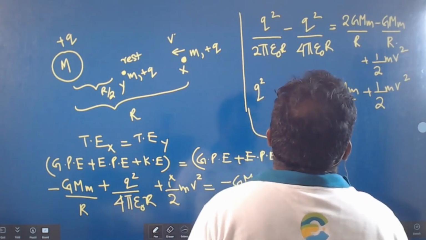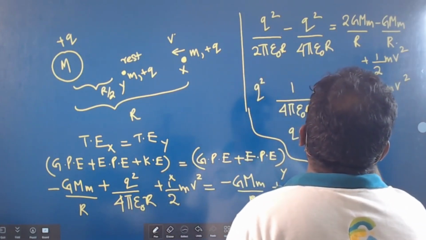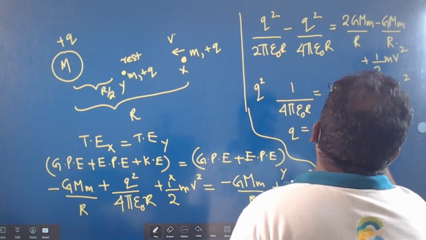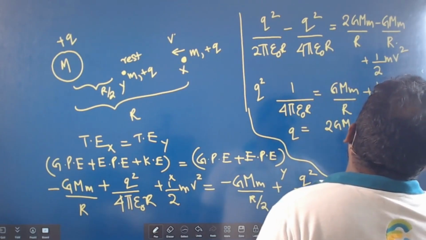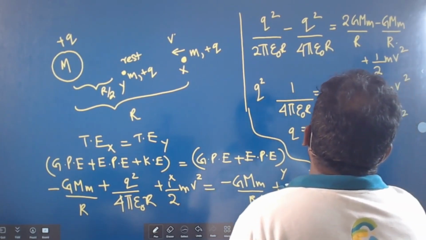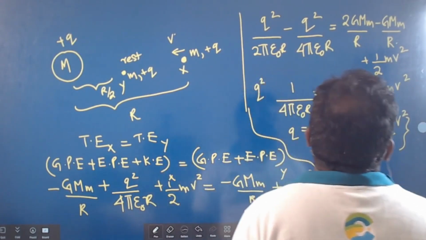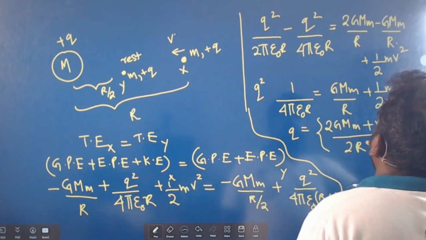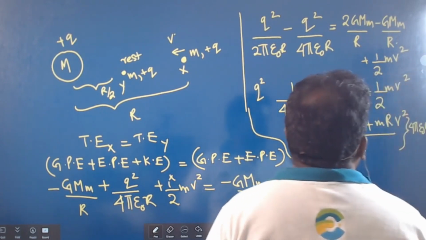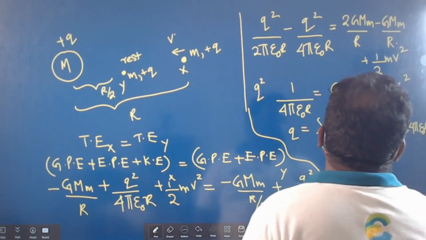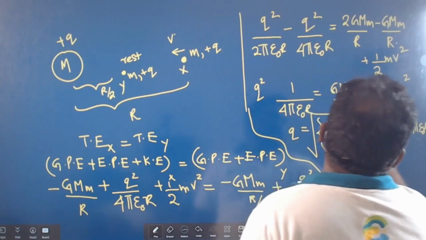Q squared is equal to 2 G M m plus m R v squared over 2R, multiplied by 4 pi epsilon naught R. The R will cancel off, 2 times 1, 2 times 2. Square root.